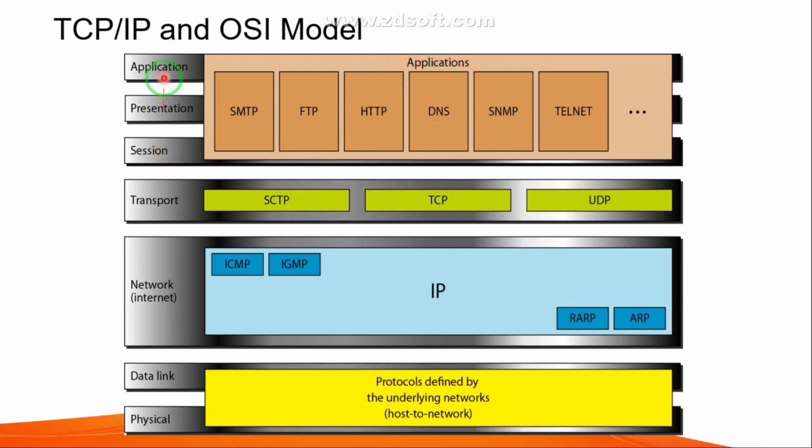These three layers were different, but in the TCP/IP model, the session layer, presentation layer, and application layer together form one application layer. The functions of the session, presentation, and application layers are involved in this application layer.